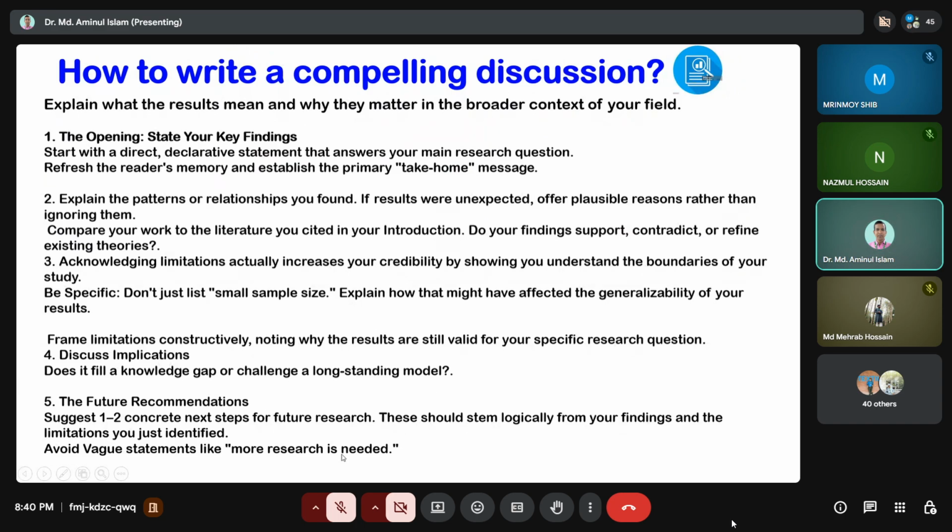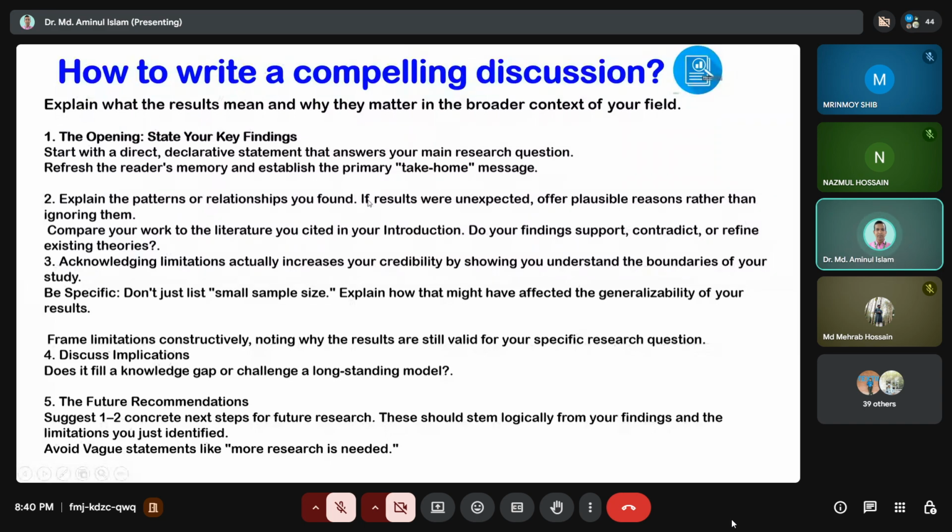So it is very essential to write a discussion part, and it is interesting to share with you that I have reviewed more than 500 manuscripts from various world-class publishers like Nature, Elsevier, Wiley, Springer, and some other publishers.